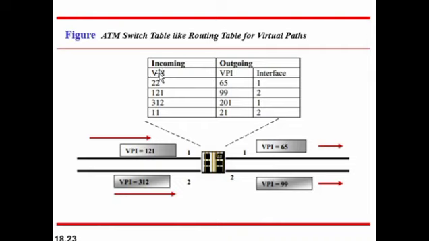Here we have the virtual path identifier 1 to 1 on one side, and on the other side the virtual path identifier 65, right? The VPI 65 in the table is outgoing, and the VPI 1 to 1 is incoming. So this is just a very simple overview of the path, so don't get confused by it.